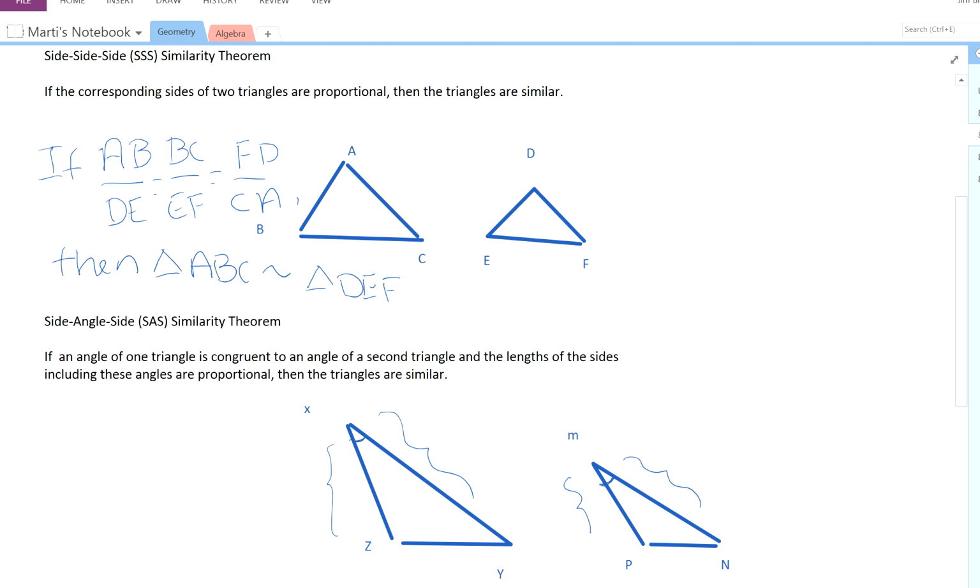So what this theorem says is if angle X is congruent to angle M and the length of line segment XZ over the length of line segment PM is equal to the length of line segment XY over the length of line segment MN, then the triangles are again similar.